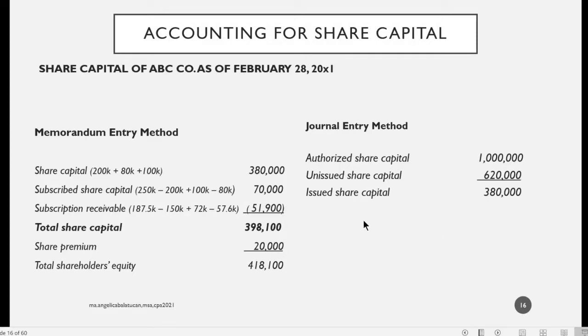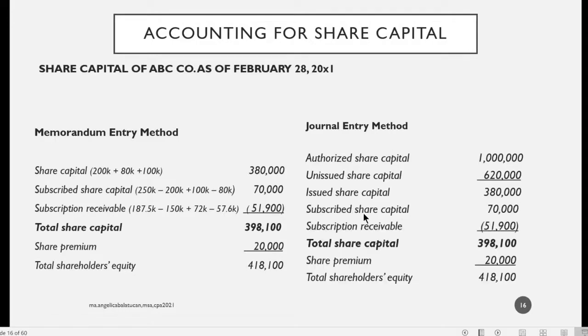So we will get the issued share capital of 380,000. Then we are going to add the subscribed share capital, deduct the subscription receivable. So the total share capital will be the same with memorandum entry method. And if we're going to get the total shareholders equity, it would also be the same, 418,100.